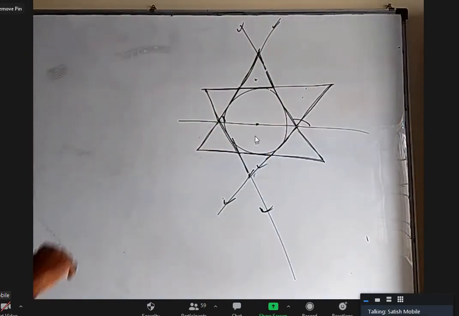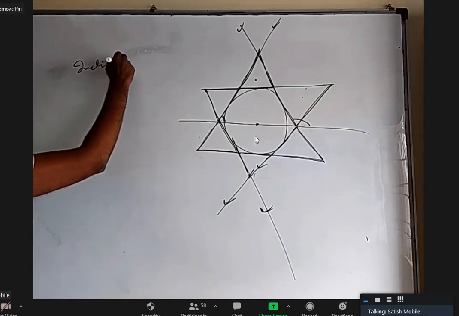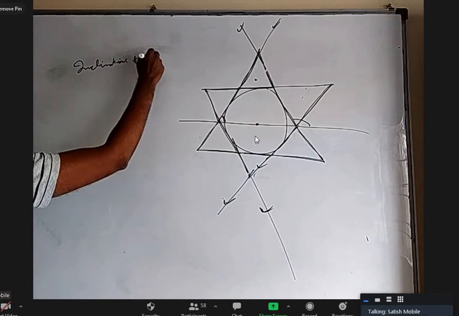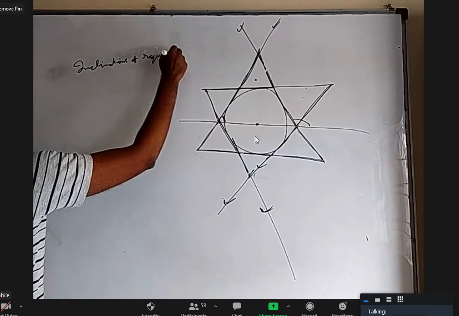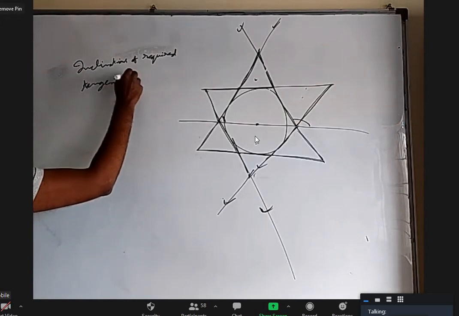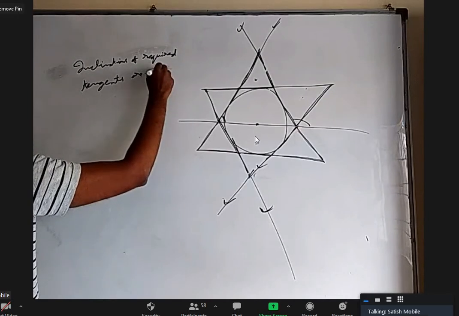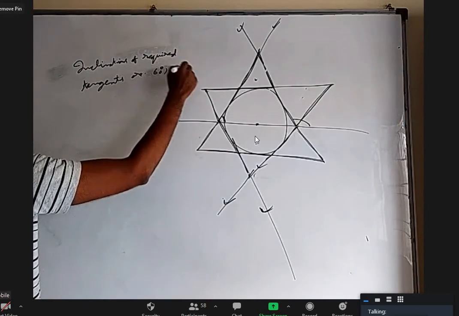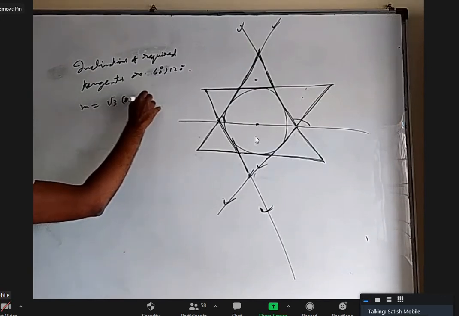So the inclinations of the required tangents are 60 and 120. Then the slope is equal to root 3 or minus root 3.